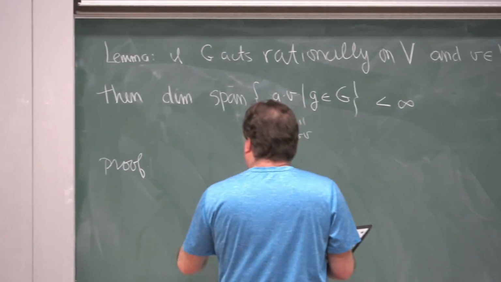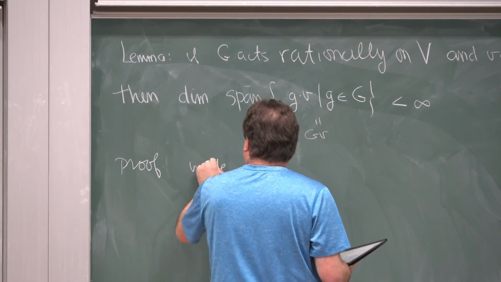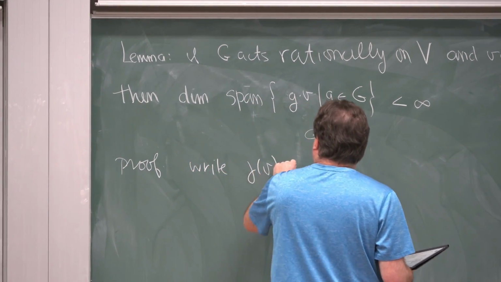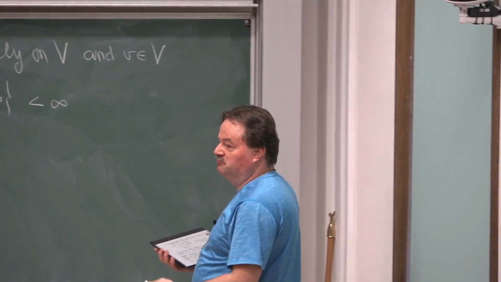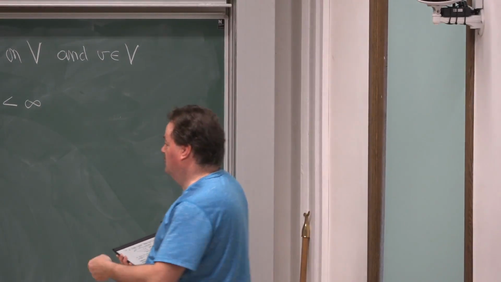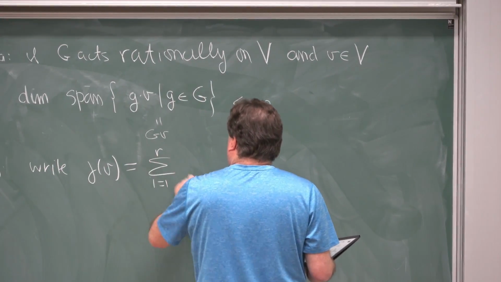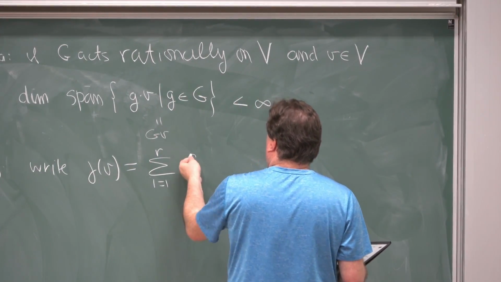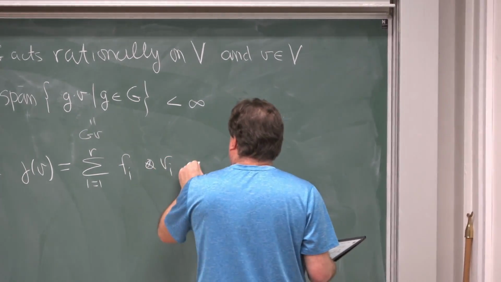So we can write gamma of v, which lies in this tensor product. And by definition of a tensor product, everything in the tensor product is a finite sum of elements in O(G) and elements in V, right?